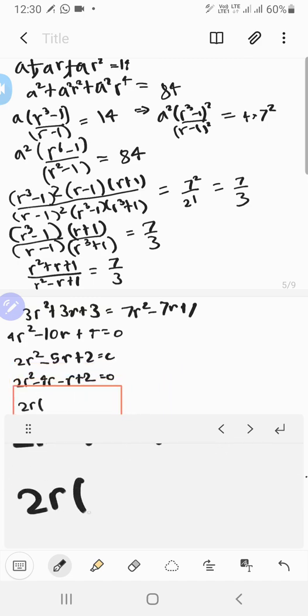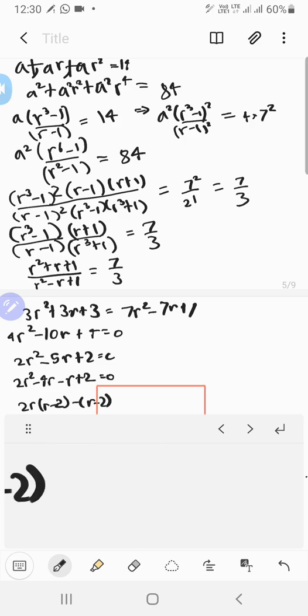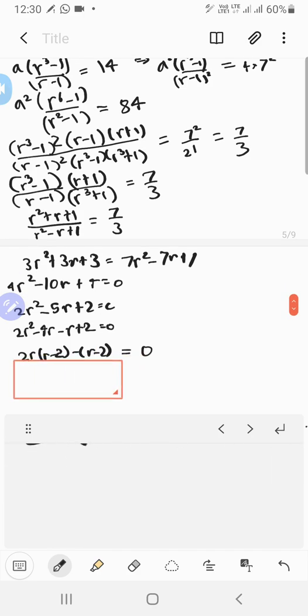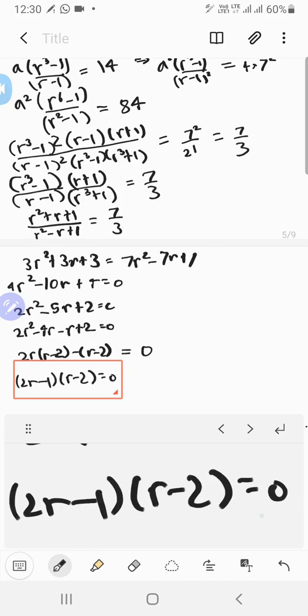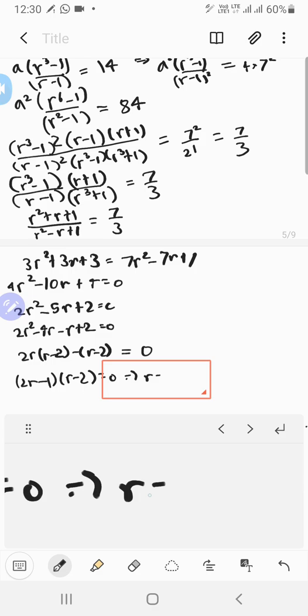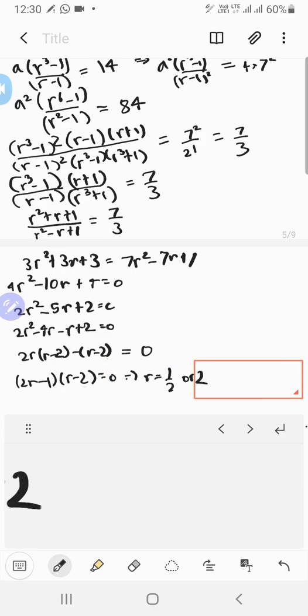So 2r times r minus 2 minus of r minus 2 is equal to 0. From that we can see that 2r minus 1 into r minus 2 is equal to 0. So r is equal to half or 2.